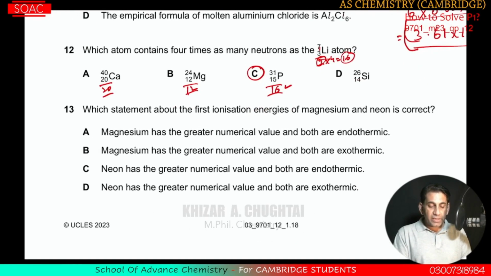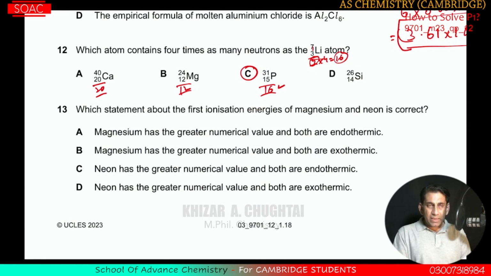Question number 13, which statement about the first ionization energies of magnesium and neon is correct? Basically, the first thing is ionization energy is always endothermic. Ionization energy is always endothermic. The second thing is we are going to compare magnesium and neon.